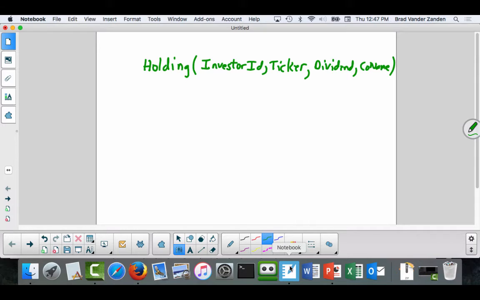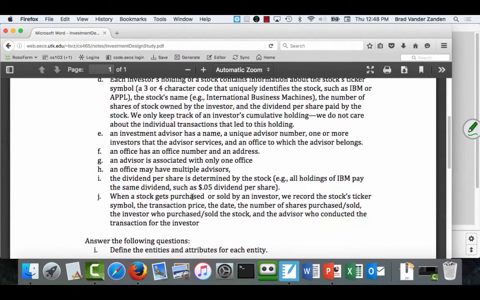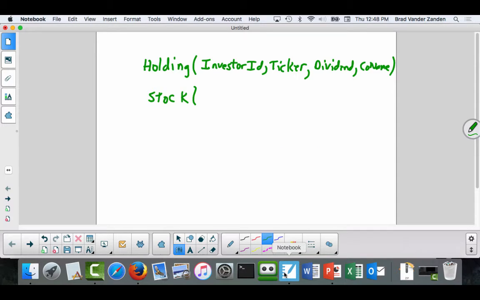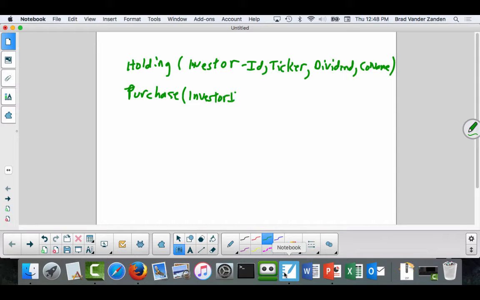And then elsewhere, you also have a relation where stock gets purchased or sold. We record the stock's ticker symbol, transaction price, date, number of shares purchased. And so it's possible that there too in transaction, you would end up with a transaction or a purchase, and you might also have something like investor ID, advisor ID, ticker, dividend, company name, probably a price.